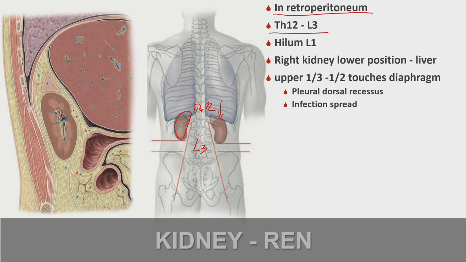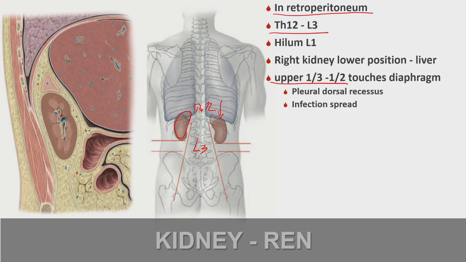Depending on the size of the liver, the kidney could be shifted even more down when the liver is extremely enlarged. The upper 1/3 to 1/2 of the kidney is in some touch with the diaphragm, the dome of the diaphragm.